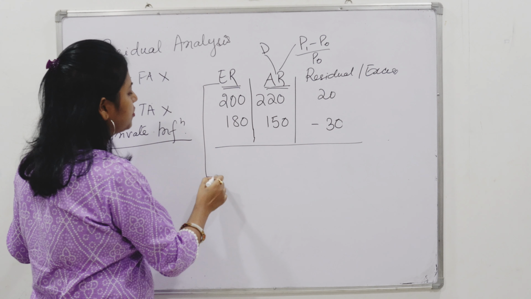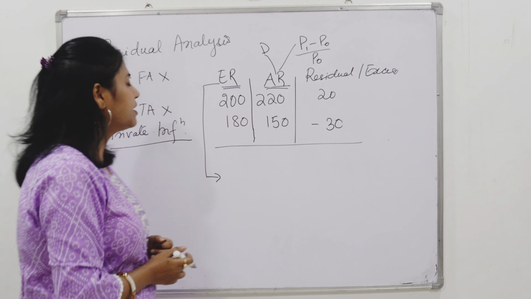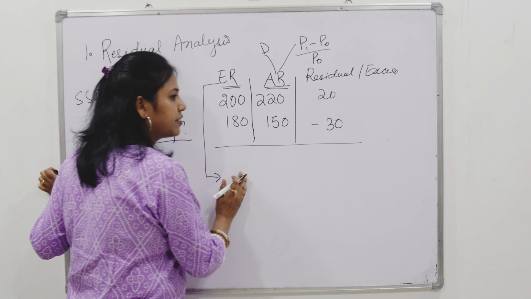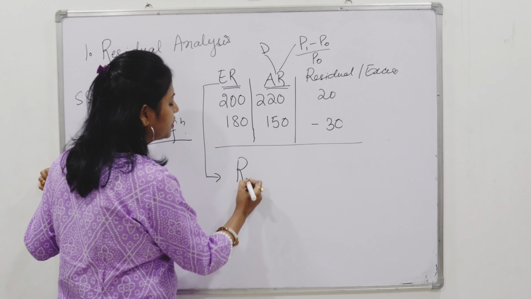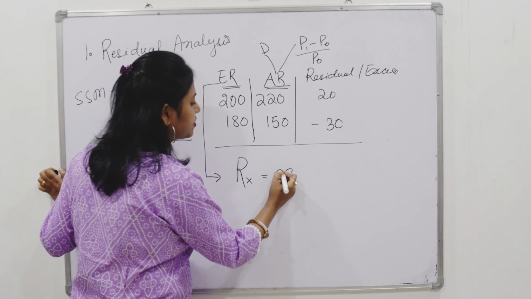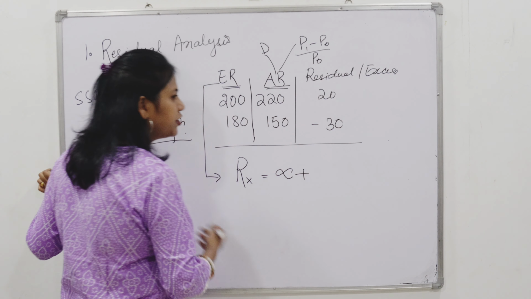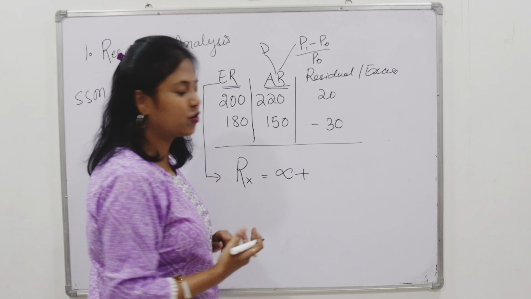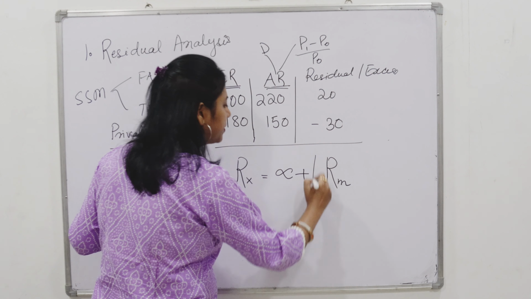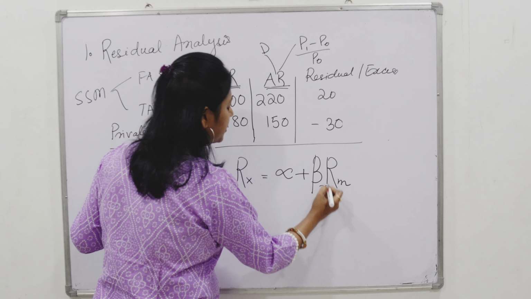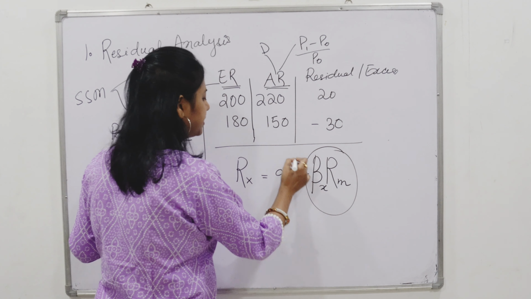I can find that out. But how can I find out the expected returns? The expected return from the market can be calculated, as I have already covered in my past video, with the help of the characteristic line or the capital market line, which says that the return of a security X is something which is fixed, say for example the fixed dividend, plus something which you earn because of the market. So we have the market return RM and we multiply it with the beta of the security X, and we find out how much is coming from the market and how much is the fixed return, right?